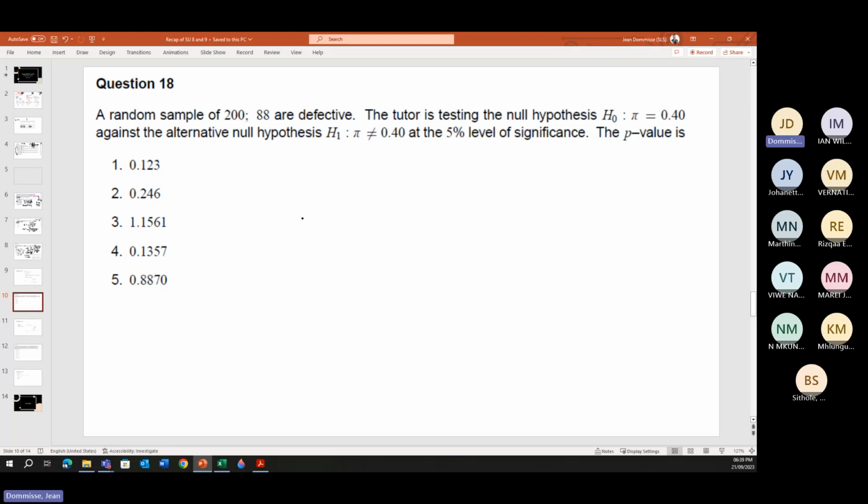Will you use one tail, two tail? Yeah, so what would you guys do? And then if we have all of this information, how do we then work out the p-value? Okay, so look at the question, jot down a few things, and then I'll show you what we can do.